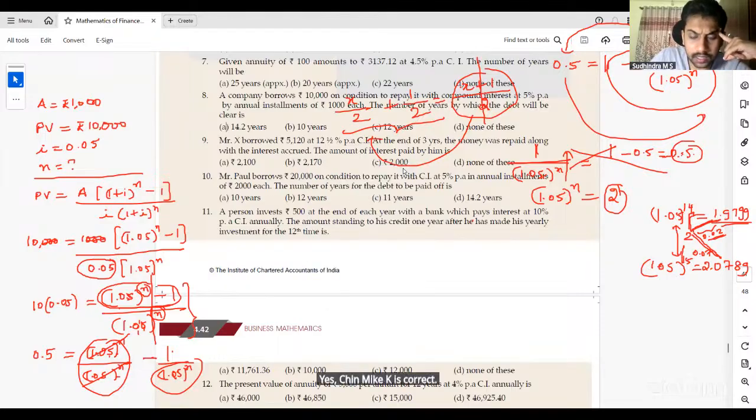Viksha V is correct. No, Nandita Bhatt. Ashika correct. Srinitya correct answer. Amit, you have to recheck.